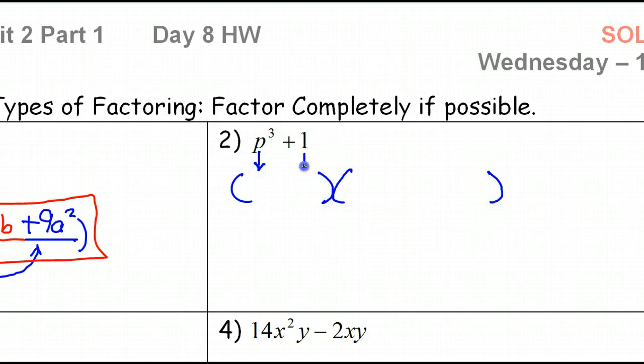The binomial is just going to come from these two things. p to the third power comes from p, keep the plus sign, and 1 to the third power is 1. So those are the roots of each of these. Now I'm going to have my beginning, my end, and my middle.